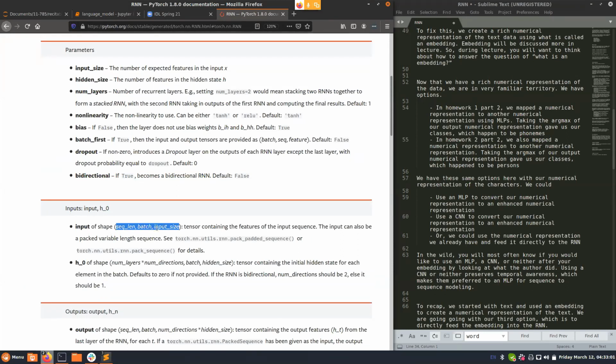That should be a sanity check for you in the code: when you print the shape of the input to the RNN layer, and this is the same for the LSTM or GRU, if it doesn't follow this structure, then that might be a concern.